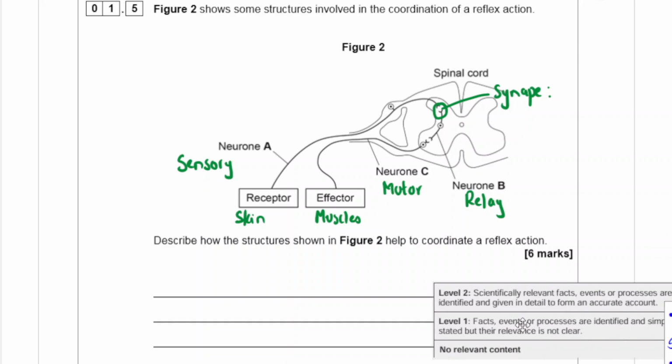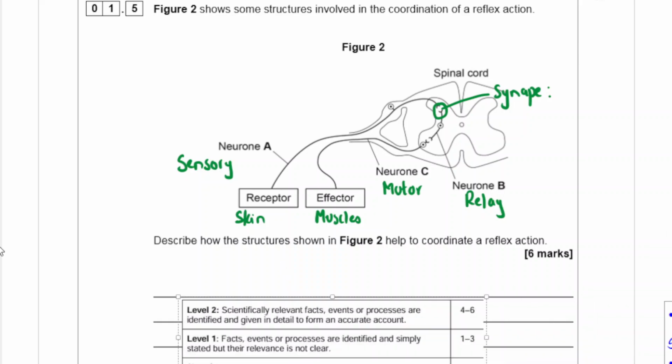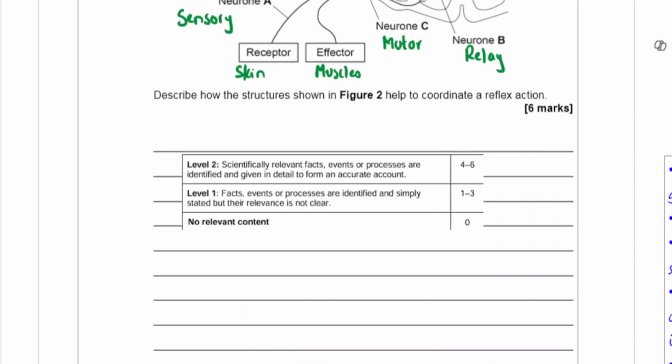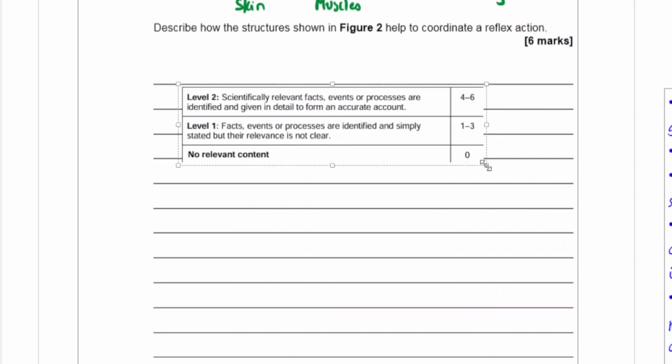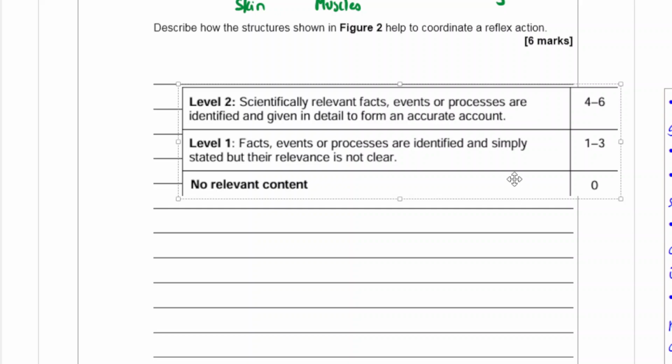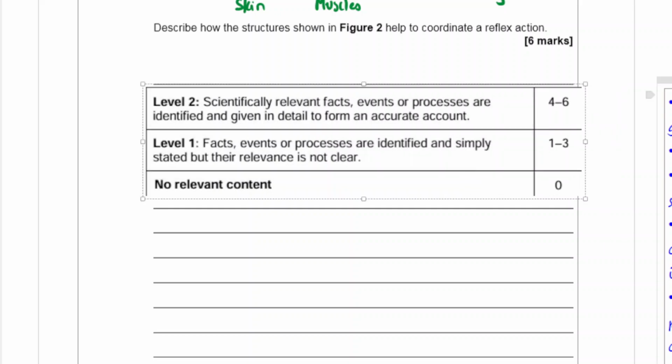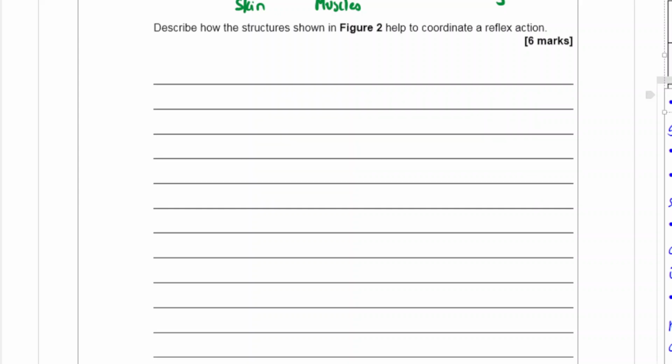So let's have a look at what the specification is asking in terms of level of answer, because it's a 6-mark question. Scientifically relevant facts, events, or processes are identified and given in detail to form an accurate account. So they don't give you much in terms of specific things for this question.